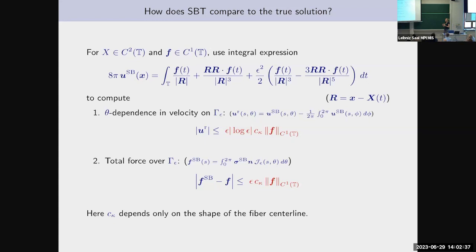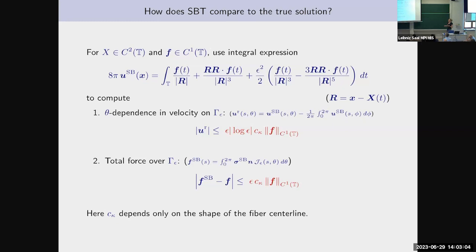It doesn't actually completely cancel out that angular dependence in the velocity field, right? Okay, but it almost does. So it cancels that angular dependence up to an error of order epsilon log epsilon. And then there's also an error in using this expression to compute the total force per cross section. But that error is just bounded by epsilon.